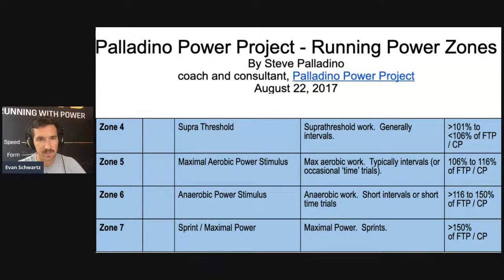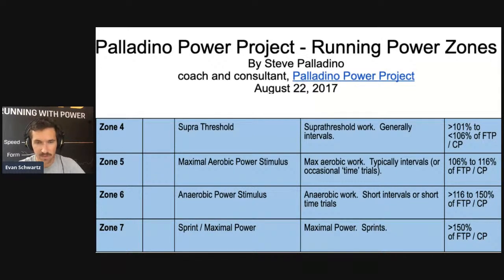Zone 5 is maximum aerobic power. This is maximum aerobic work. Typically, it is intervals. It's 106 to 116% of your critical power. After that, you have your anaerobic power stimulus. This is anaerobic work, short intervals, adding plenty of recovery, short time trials, and this is 116 to 150% of your critical power.